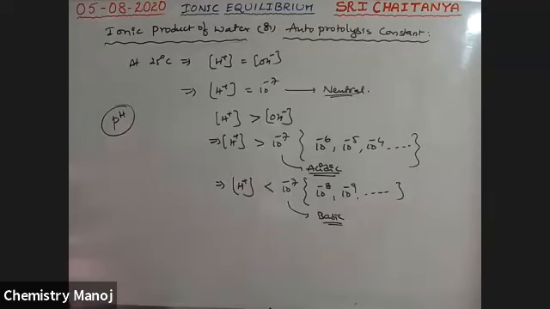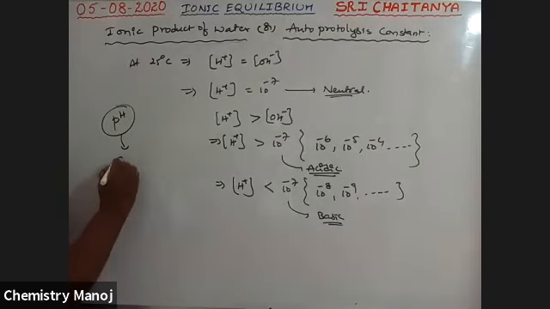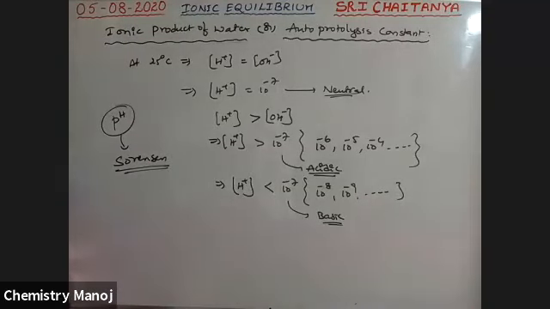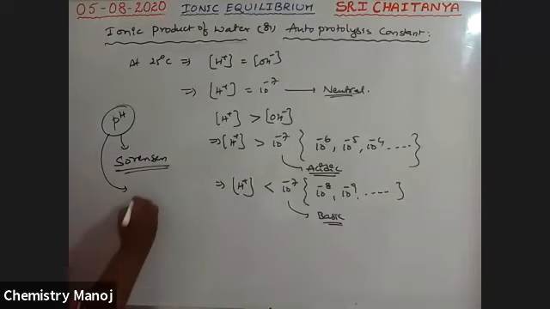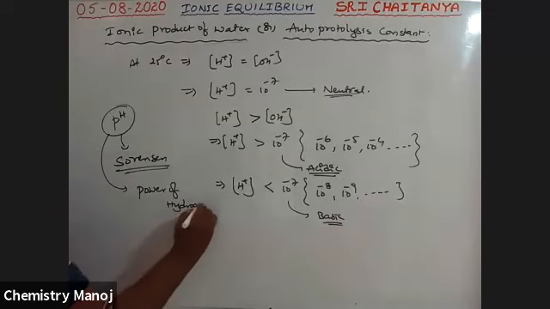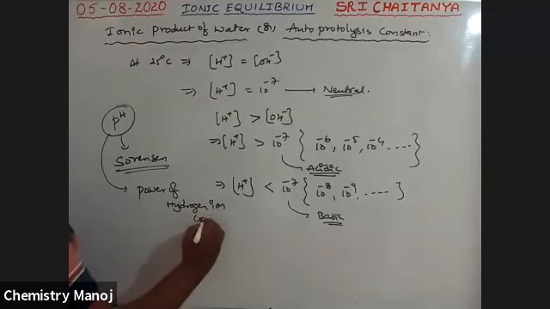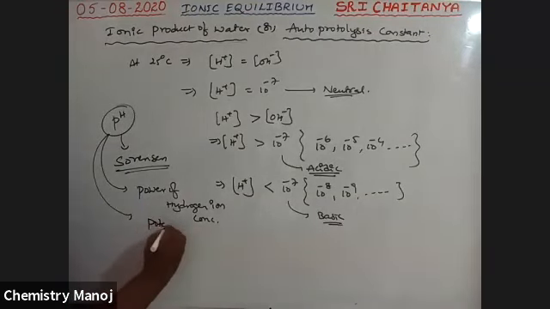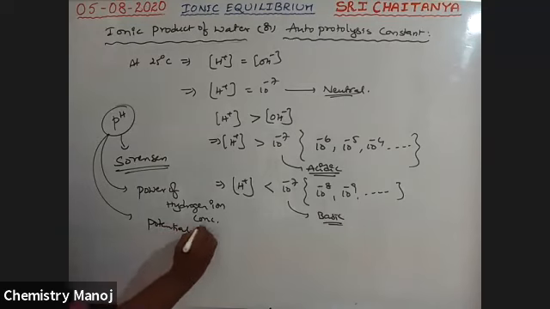What is this pH? The pH concept is given by the scientist Sorensen. So what is this pH? pH is the power of hydrogen ion concentration.